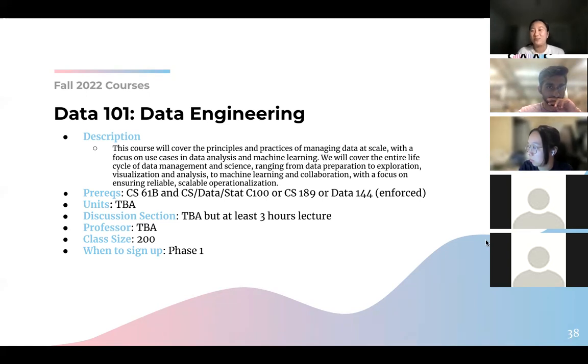People really want to take data science upper divs. But again, there isn't really enrollment history on this. So if you're dying to take Data 101, I would just phase 1 it to be safe. But yes, definitely an exciting new course offering.